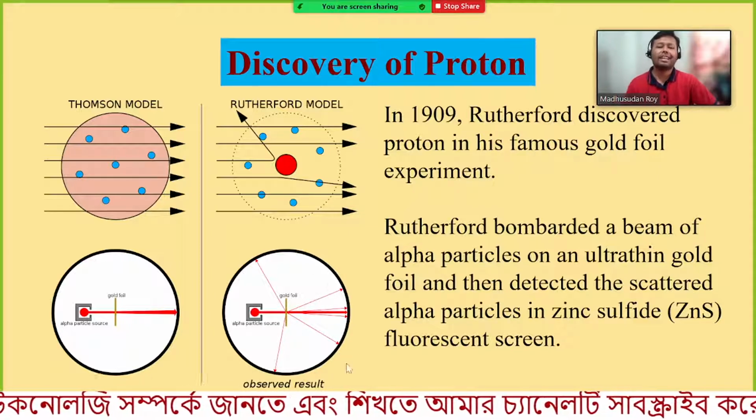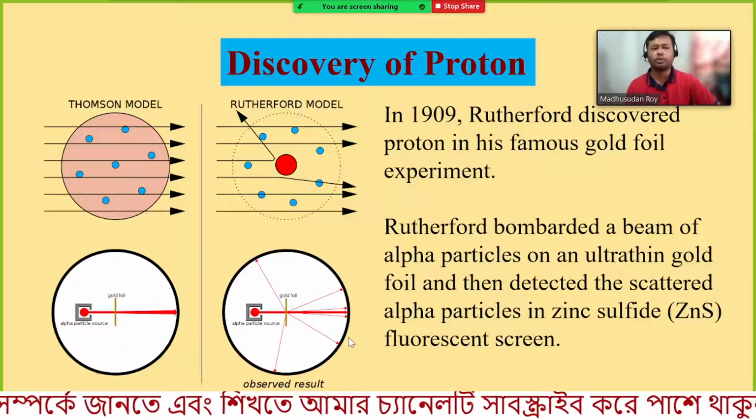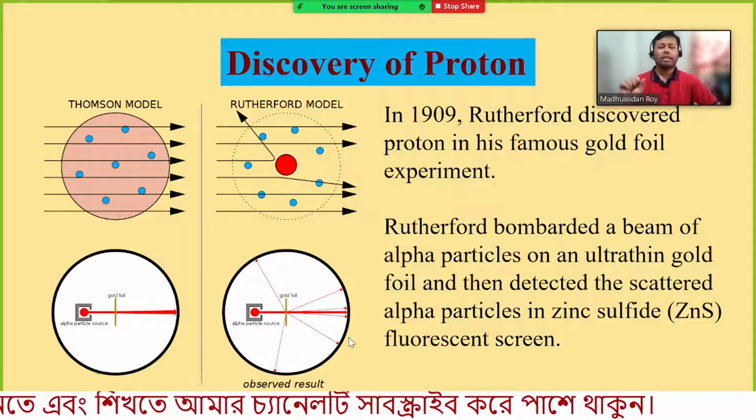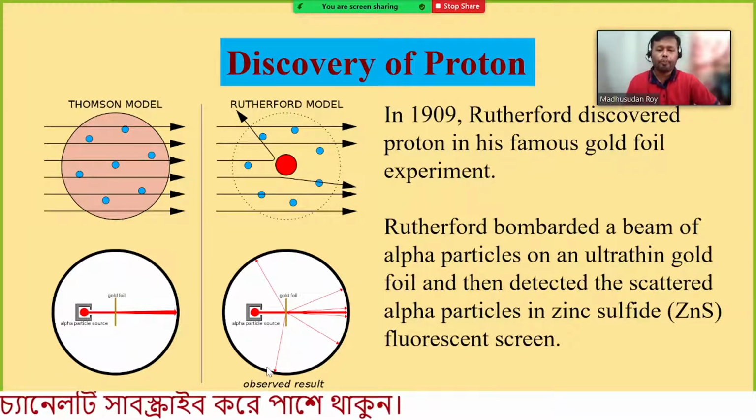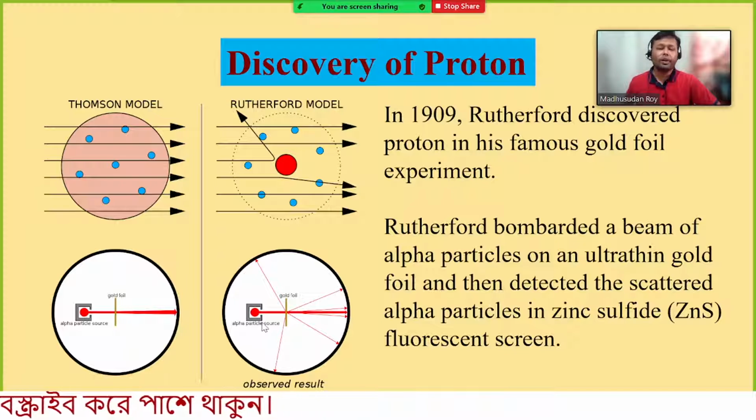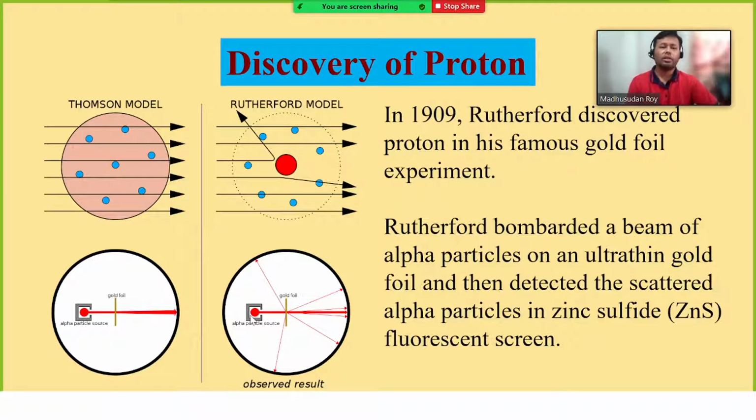You can consider it like a football. If you put any radioactive element or alpha particle generating source inside, it will glow and give light, and that will hit the wall or surface of the football. This is the fluorescent screen.